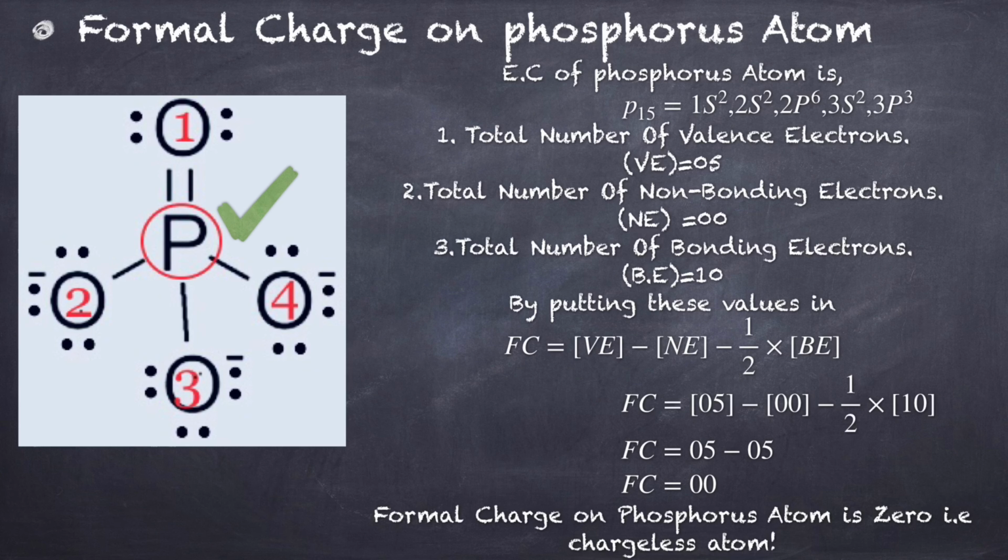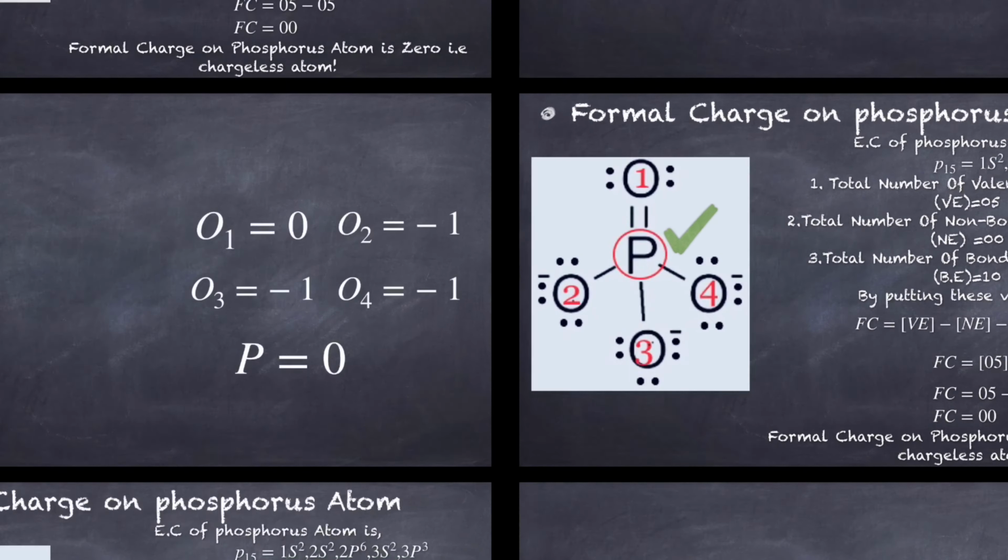The total number of bonding electrons, that is Be, equals 10, as it forms 5 bonds with the 4 oxygen atoms. By putting these values into the formula, that is Fc equals Ve minus Ne minus 1/2 into Be, Fc will be equal to 5 minus 0 minus 1/2 into 10. Therefore, Fc equals 5 minus 5. Therefore, Fc equals 0. So, the formal charge on the phosphorus atom is 0. So, it is a chargeless atom.